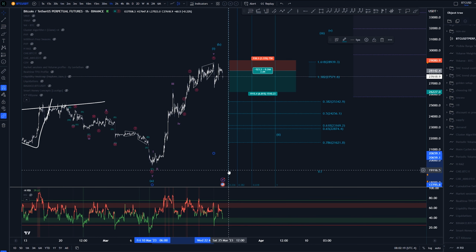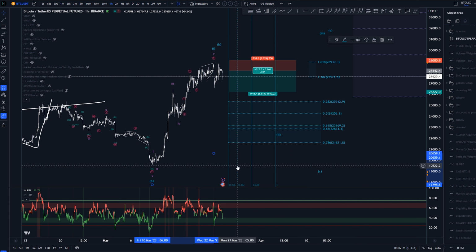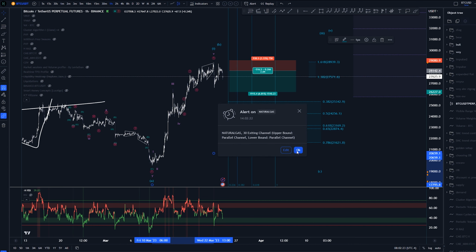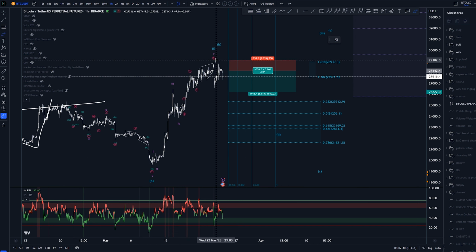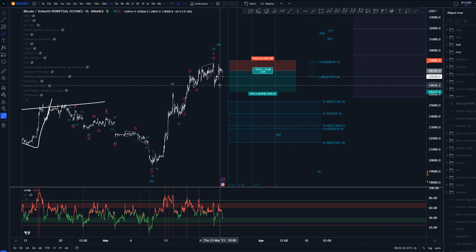This 23.6 has been more accurate than the 38.2 that I've been previously using. But the 23.6 is probably the minimum that I need to be using going forward with crypto at least. So that would be Saturday as the minimum amount of time for this correction to be done, if this indeed is the high.